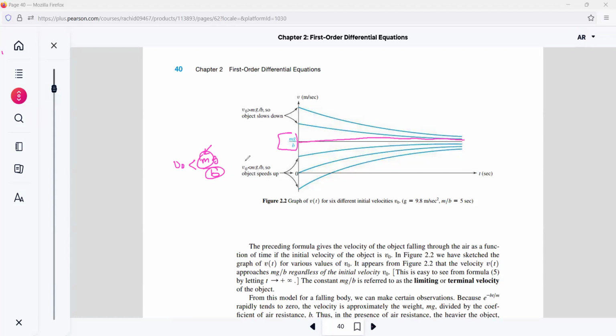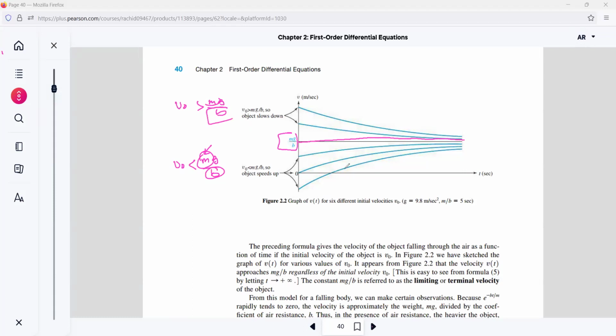And you can try some of these values. But what happens when V0 is greater than mg over b? Then the velocity will be slower, right? It will come down slower, just like if the object is lighter or the air is thicker.